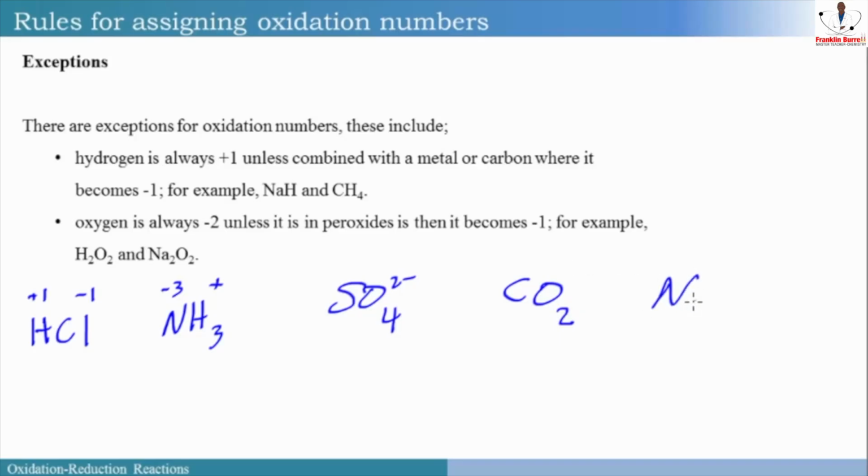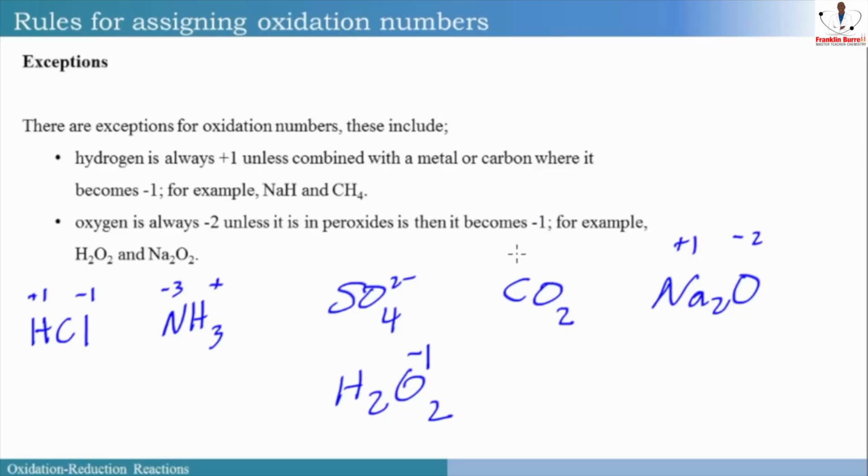If I have sodium oxide, the charge on the O here is also -2. But now, if I form a peroxide, the O is no longer -2, it is now -1. These are your exceptions to the rules.